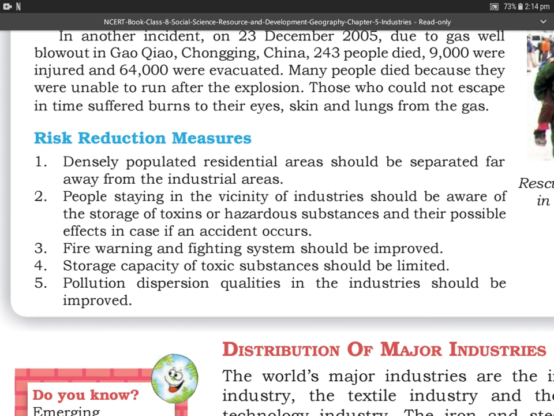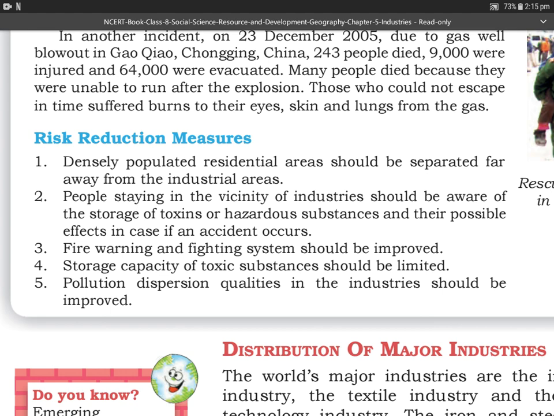People staying in the vicinity of an industry should be aware of the storage of toxins or hazardous substances and their possible effects in case an accident occurs. Because some people have to live around this type of industry, they should be educated properly about the storage of such gases there and how they can reduce the effect of an accident.